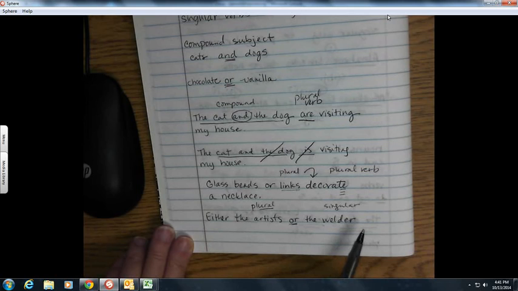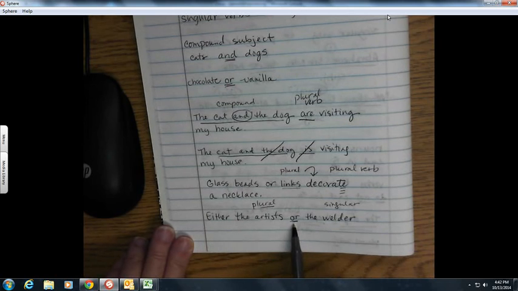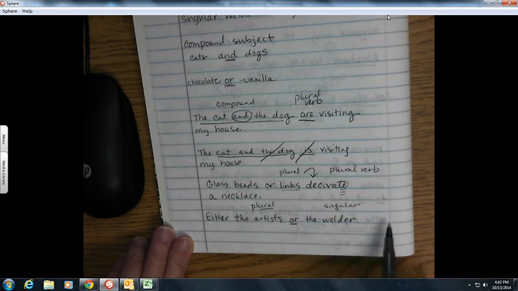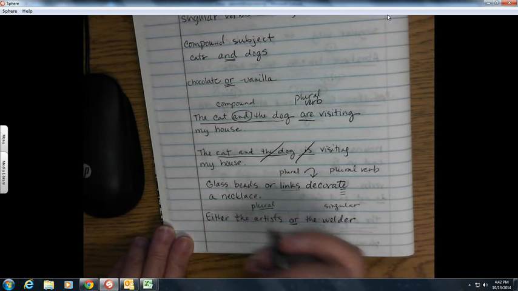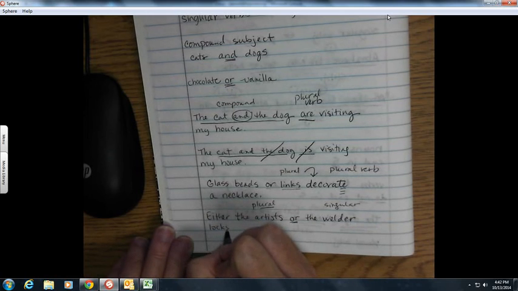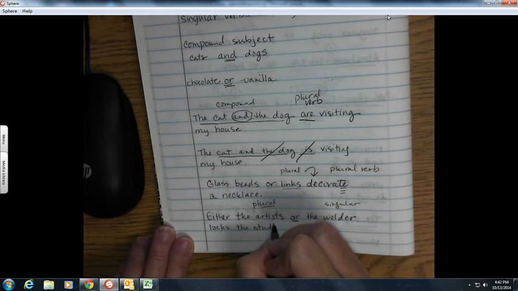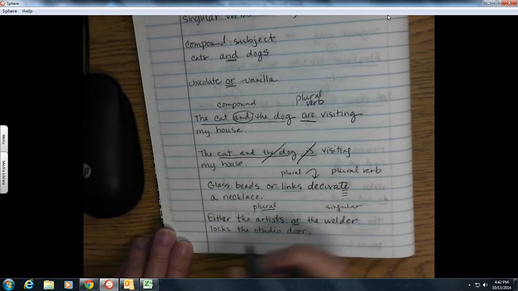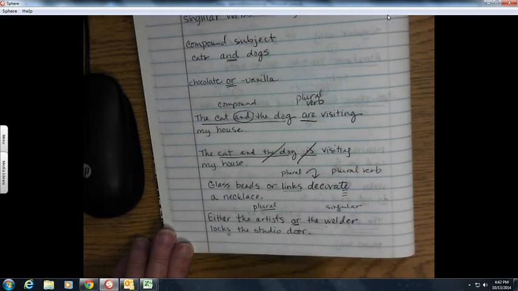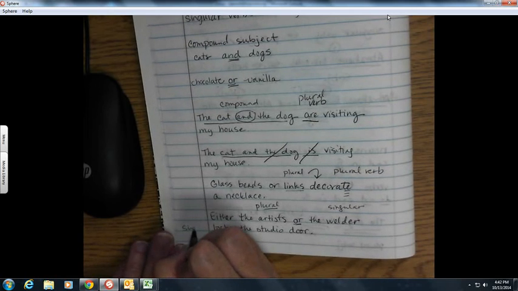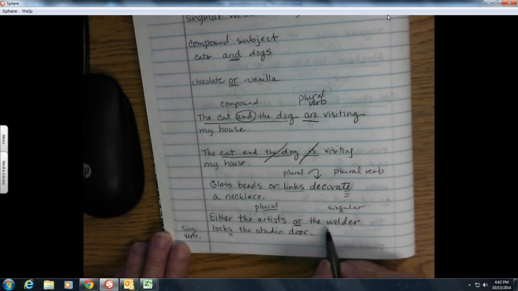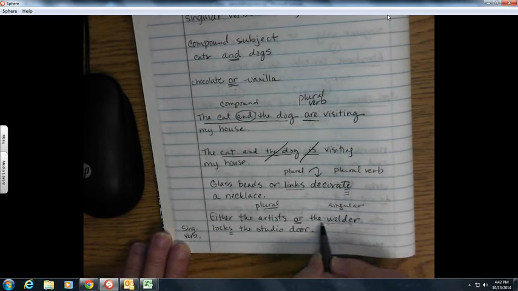If there is or in the compound subject, the verb next to it must agree with the closest subject. Either the artist or the welder locks the studio door. Locks ends in S. That means that it's a singular verb, and I need it to be singular because the subject closest to it, the welder, is singular.